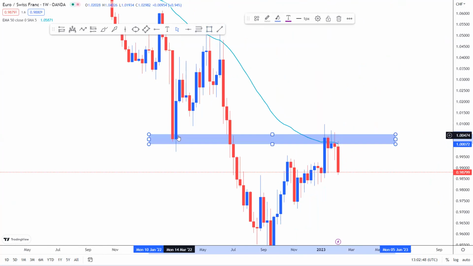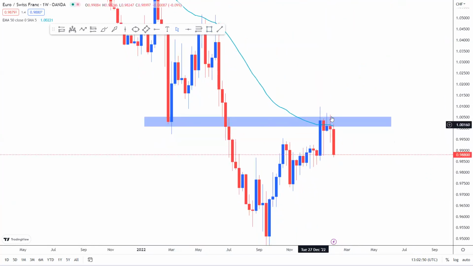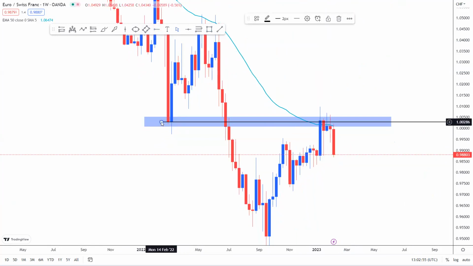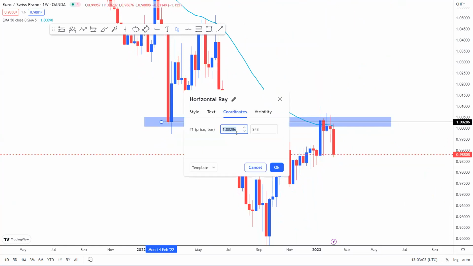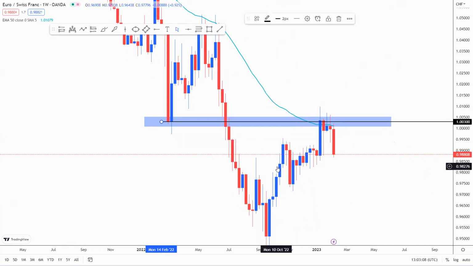Then we had the break of this level and then a retest of this level. So we had price come back to retest the weekly key level. Previously, the level acted as a support, and then we had a break of the level, a broken support becomes a new resistance. So we had price retesting the weekly key level.